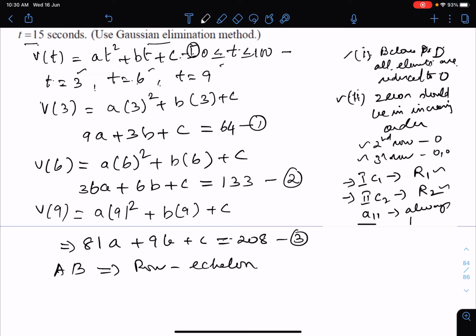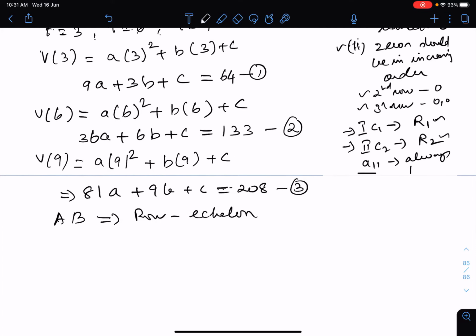When we are making the elements below the first column's first element 0, for column 1 you seek the help of row 1, and in column 2 when you are making the last row's second element 0, you seek the help of R2. Your first row first element should ideally be 1. If you don't get a 1, you don't bother, you go on with the given elements. So in this example we are going to do as it is because we don't get any 1 there. Now we shall proceed.